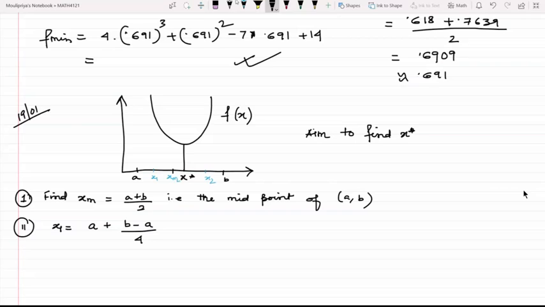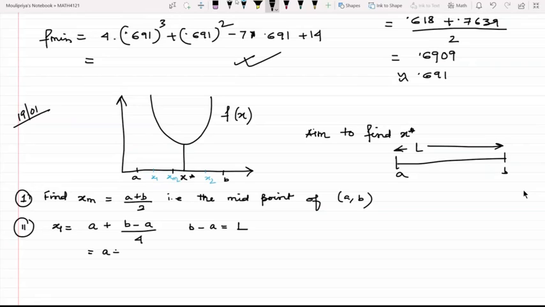What is B minus A? B minus A being L, if I call the initial interval of uncertainty L. So this is how we get x1 as A plus L by 4, and x2 would be B minus L by 4. Are we okay with this?